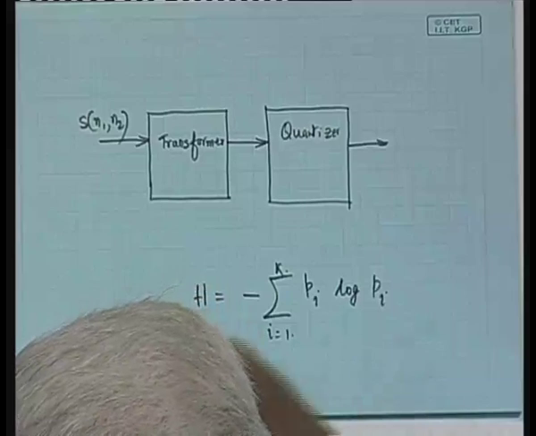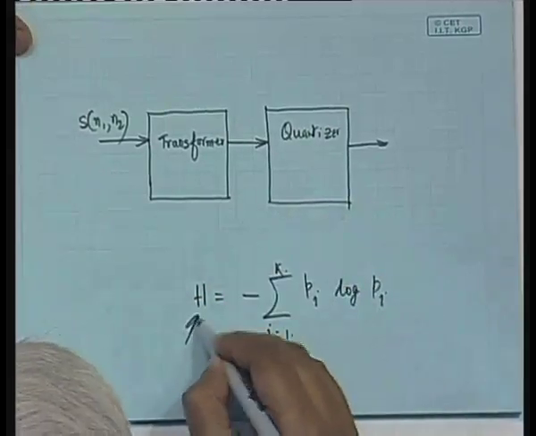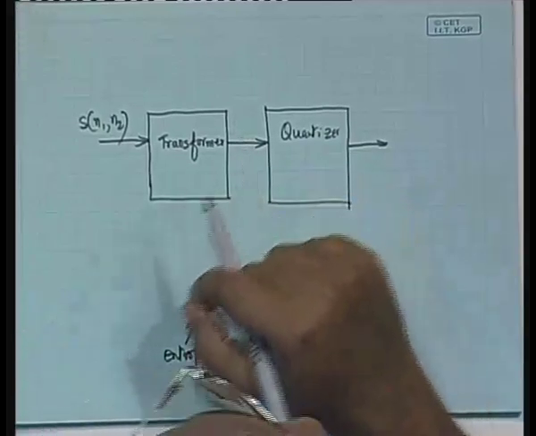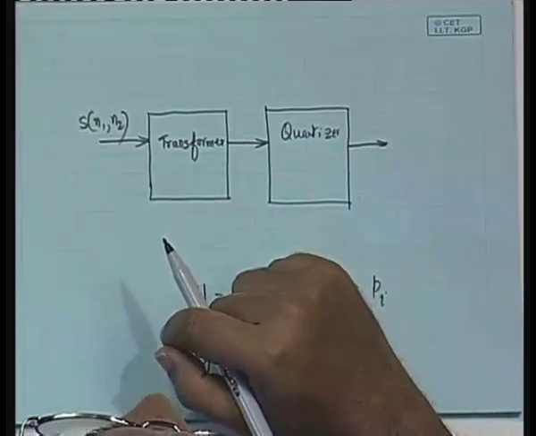So, this H is called the entropy, and you all will know Shannon's entropy coding theorem for lossless channels, which says that the minimum attainable bit rate that a system can have is its entropy. So, you cannot really compress beyond its entropy value.